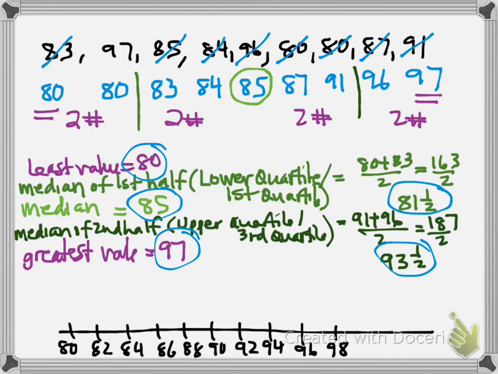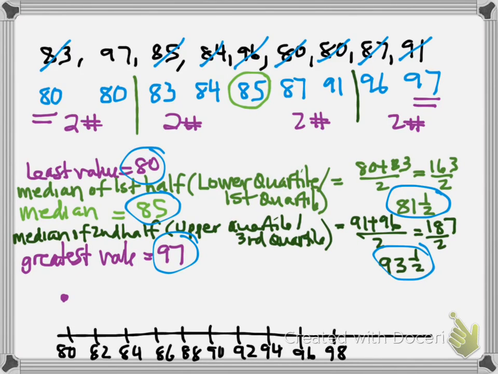I draw in my key points. I put a dot at 80, above the number line, and then at 97, above the number line. Then my median was at 85.